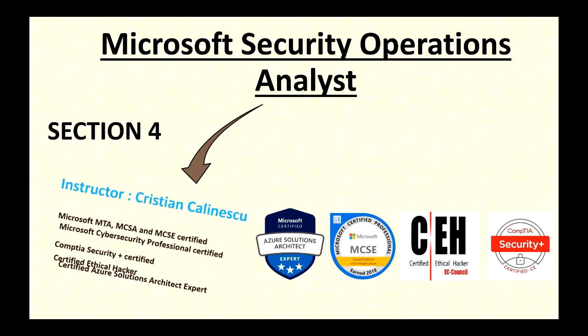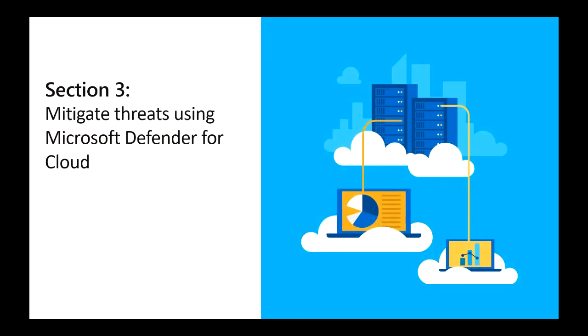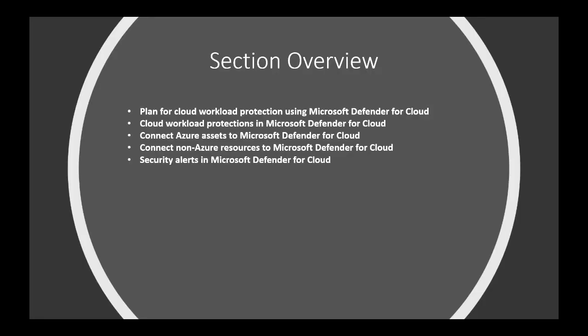Now we are starting a new section in which we are going to discuss mitigating threats using yet another tool from the Microsoft Security Stack, and that is Microsoft Defender for Cloud. So let's take a look at what we are going to go through in this section. First of all, we are going to explain what Microsoft Defender for Cloud is. Then we are going to talk about the cloud workload protections in Microsoft Defender for Cloud.